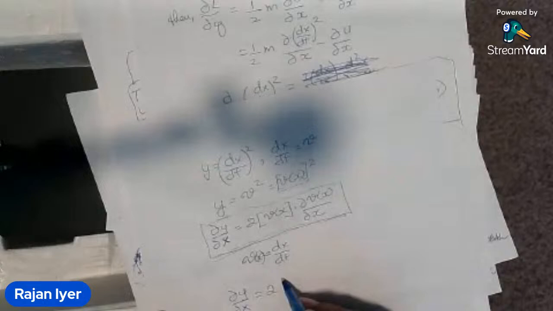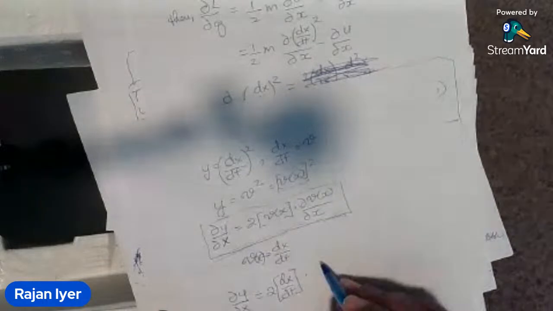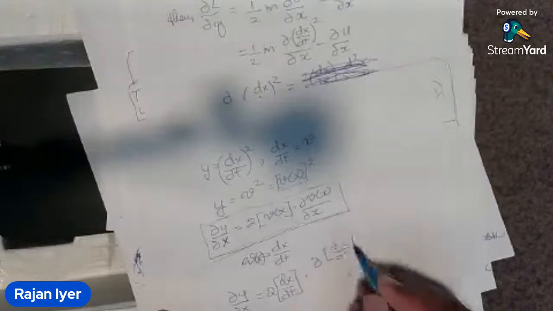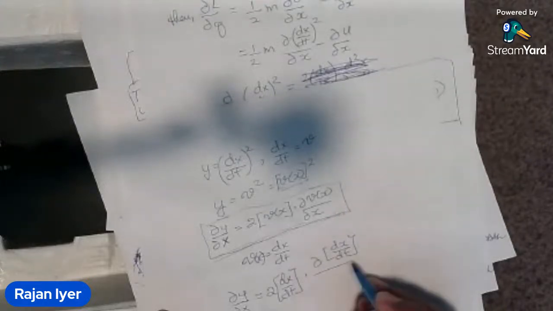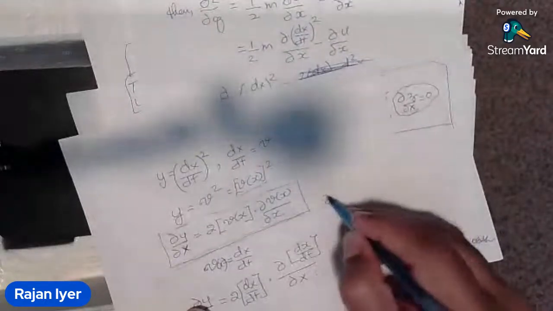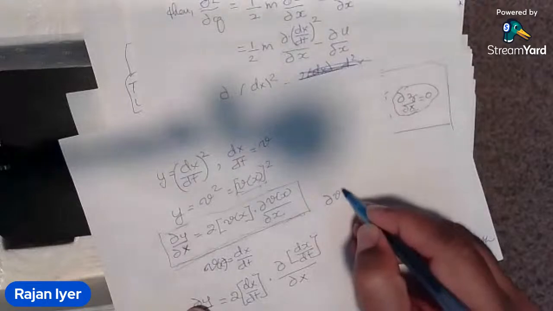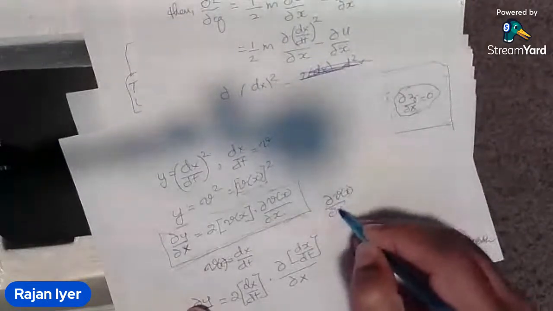And now my del y over del x becomes 2 times dx by dt times del of dx by dt over del of x. You see that? We can also figure out from here what is del v of x over del x. What is that?